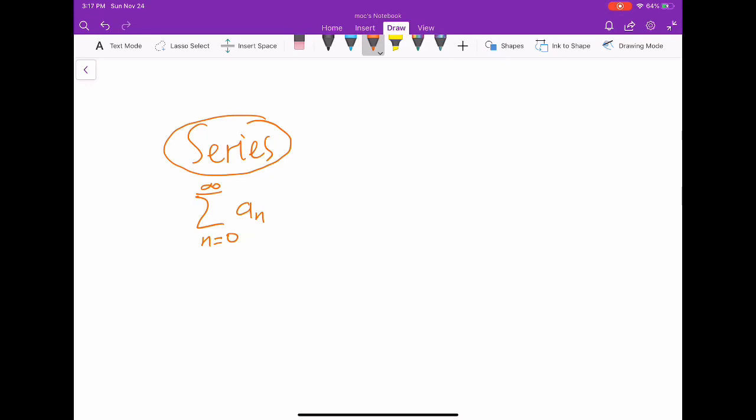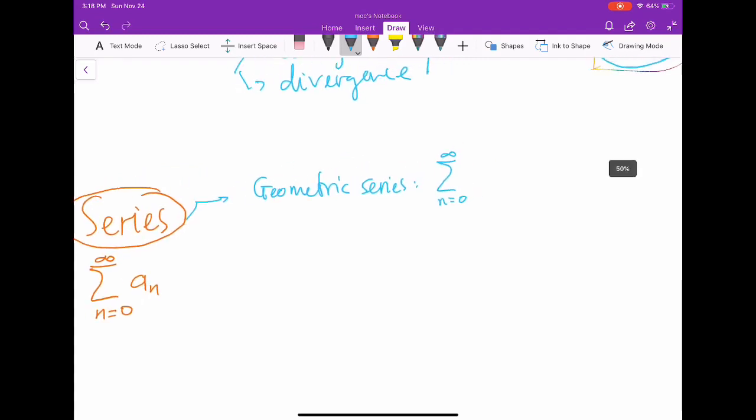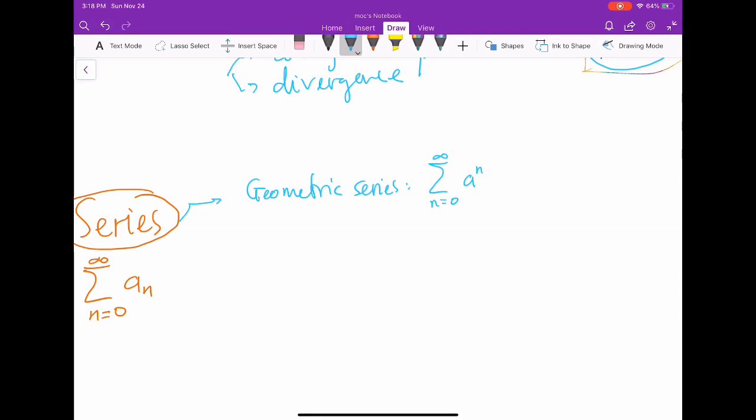Okay, let me remind you of some criteria, right? Some tests we learned and some basic techniques we use in this topic. The two main series: the geometric series is the sum from n equals 0 to infinity of a to the n, right?